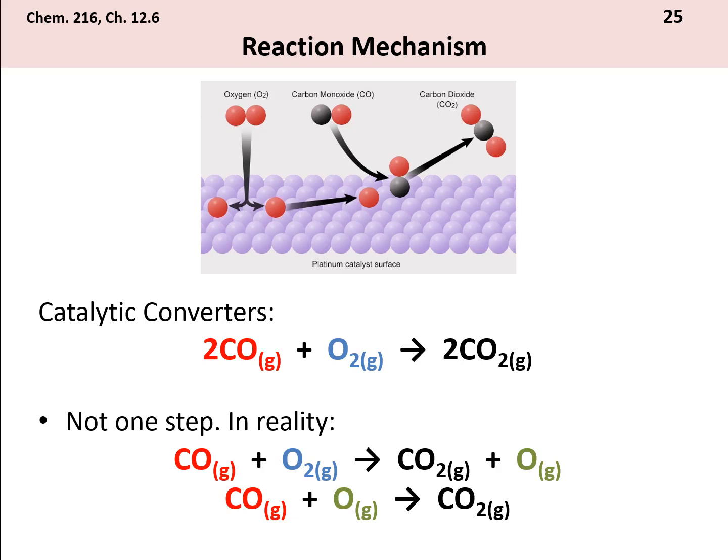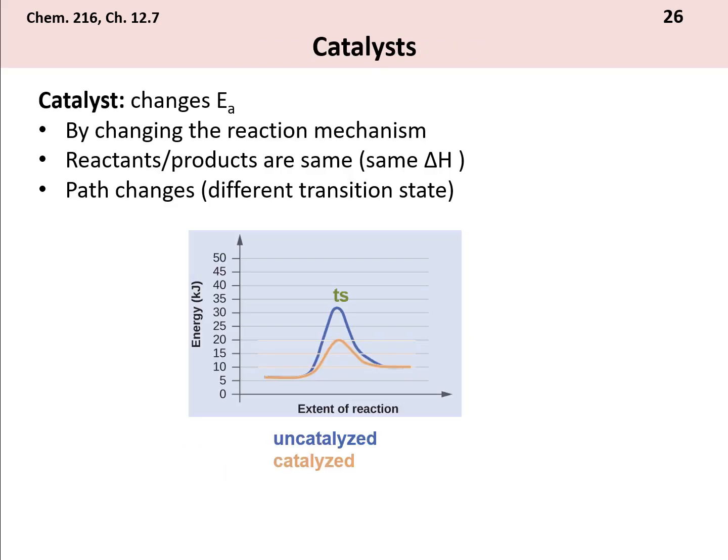We go from CO plus O2, that forms CO2 and O. And then that CO and O forms CO2. And so what happens is catalysts end up changing the mechanism, right? They change how we go from reactants to products. So we get a different path and therefore a different transition.